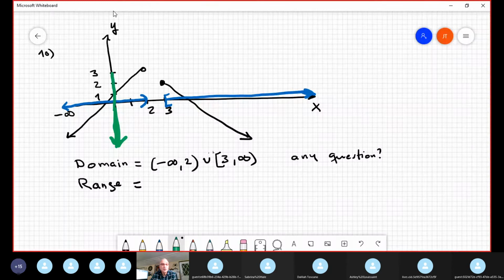Sometimes they overlap, but I don't care about the overlap. For example, when you project this point onto the y-axis, we have 1. When you project this point, we have 2, but when you project this point, you have 2 also. But the most important thing is that when you project 3 here, 3 is totally undefined. Therefore, the representation uses parentheses. The range is from negative infinity, comma 3, of course not including 3.